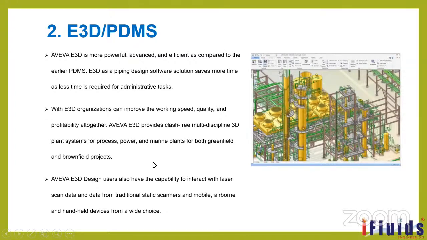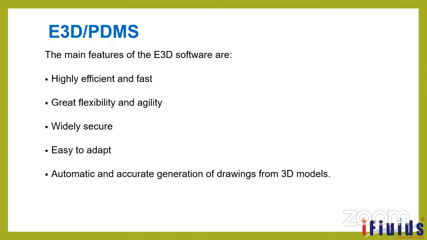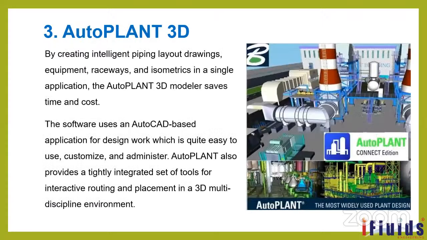We can see the progress, and we can see the building condition. What are the main features of E3D software? It is highly efficient and fast, with great flexibility, widely secure, and easy to adapt. These are all the features it has, like other application software.